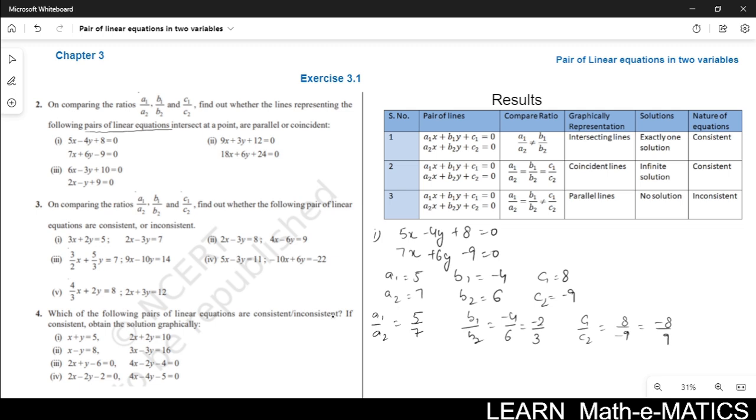So now we will compare these ratios. Is a1 upon a2 equal to b1 upon b2? No, a1 upon a2 is not equal to b1 upon b2. Next check, is this equal to this? No. So this c1 upon c2.